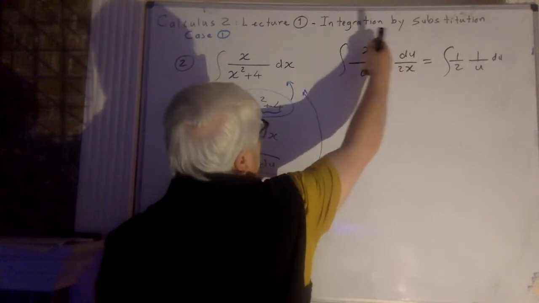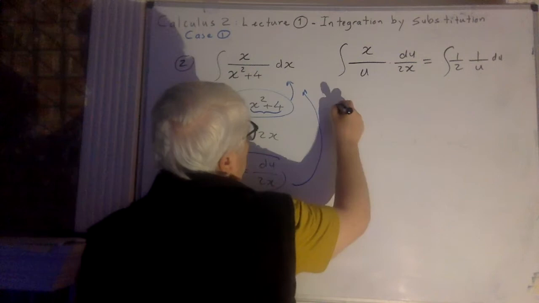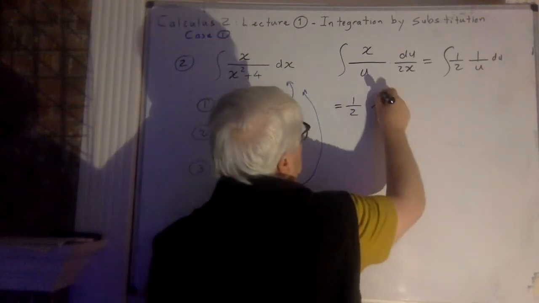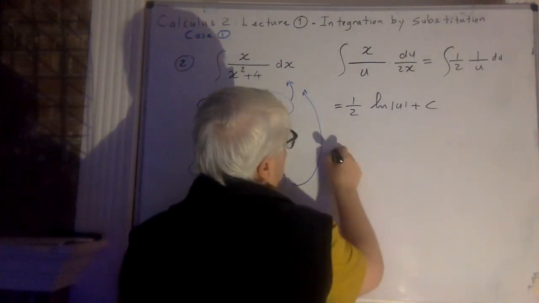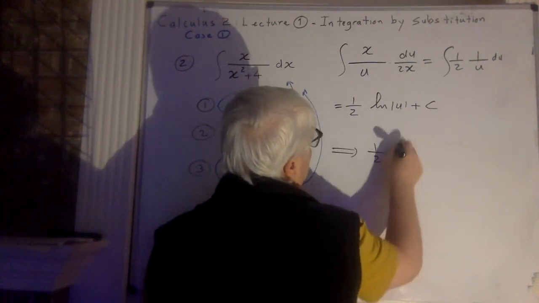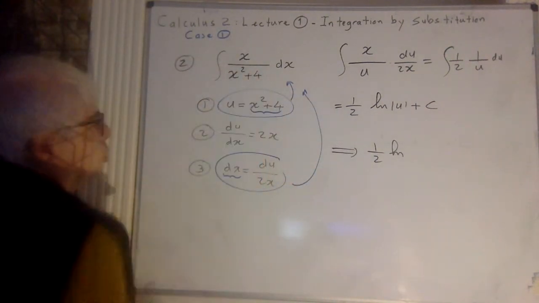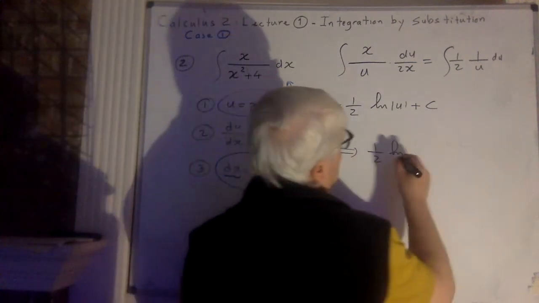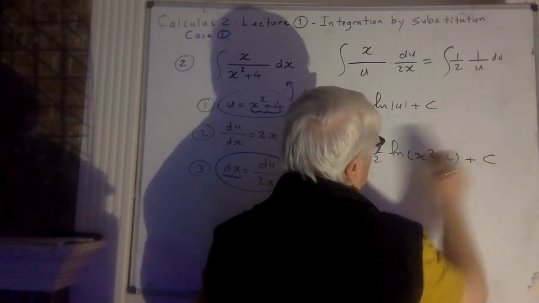When you cancel this x and x, you will get 1 over 2. 1 over u du is ln of absolute value of u plus c. So I will get 1/2 ln of absolute value of u. u is x squared plus 4, it's never negative, so I can just remove the absolute value: 1/2 ln of x squared plus 4 plus c.